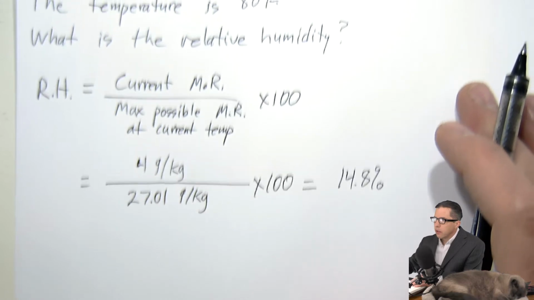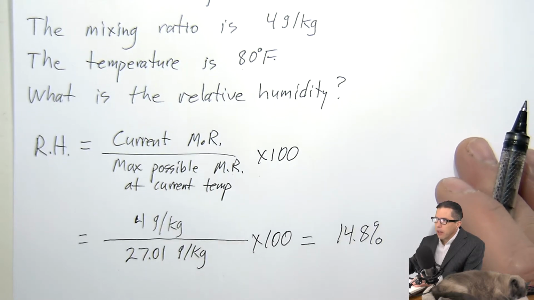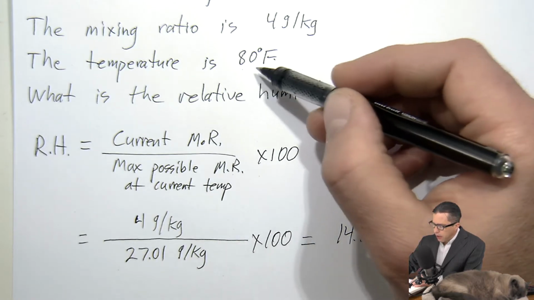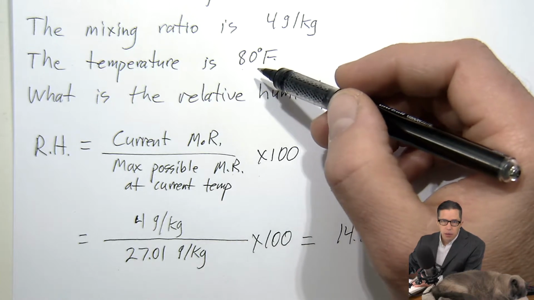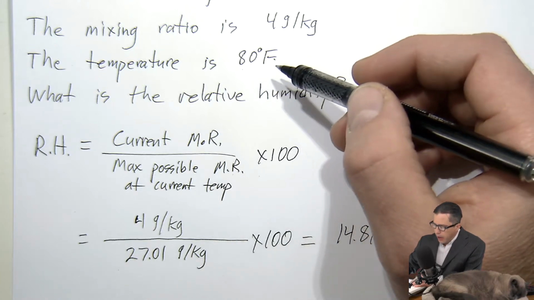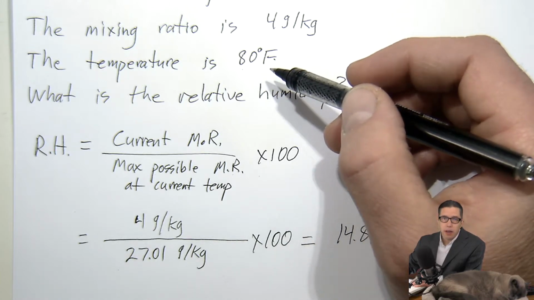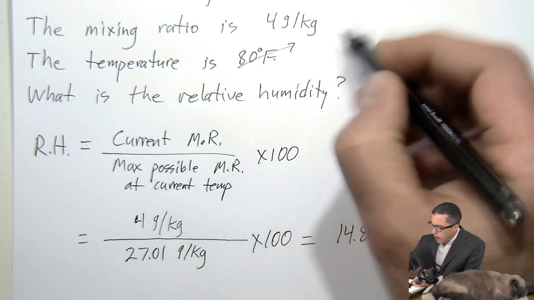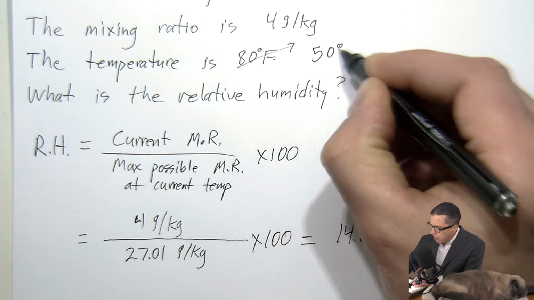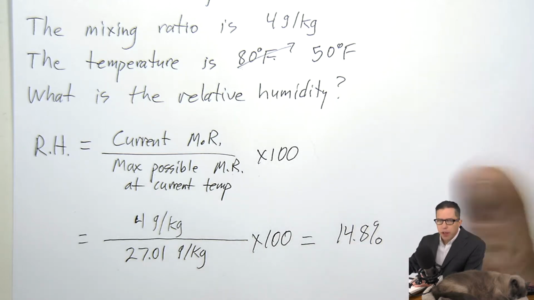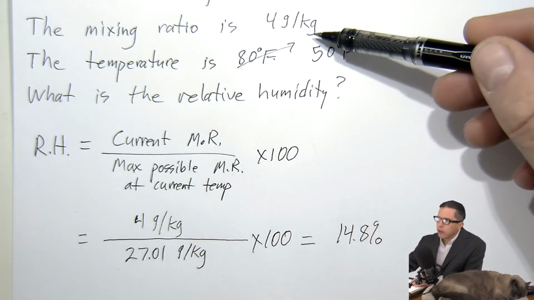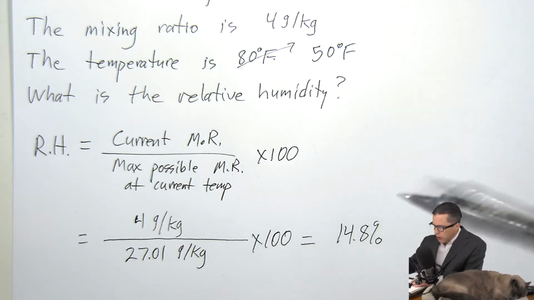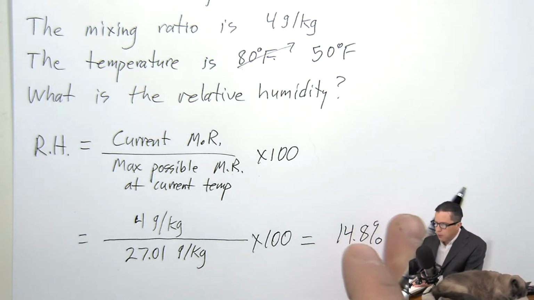Let's go back to the original problem, and say that it's 80 degrees in the afternoon when all this happens, and then the sun goes down and it cools off overnight, down to 50 degrees. Everything else stays the same. The mixing ratio is still the same. So let's make a new calculation of relative humidity.